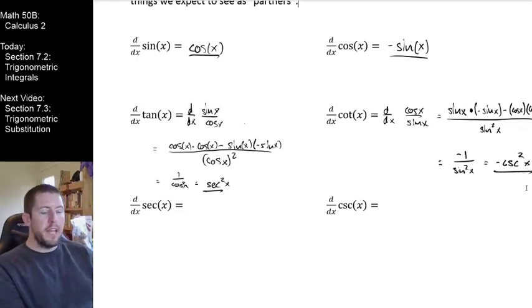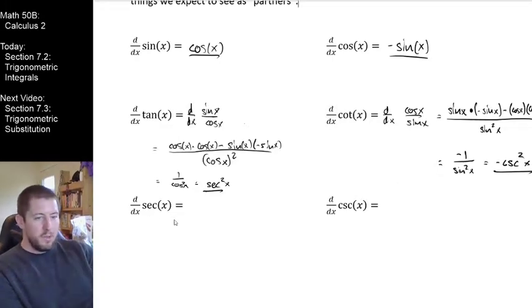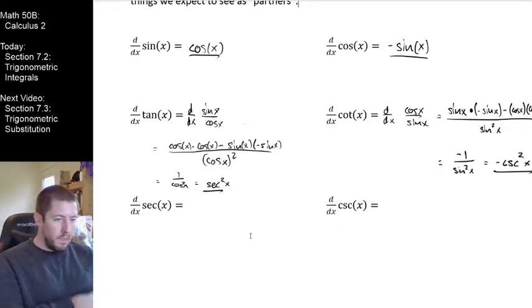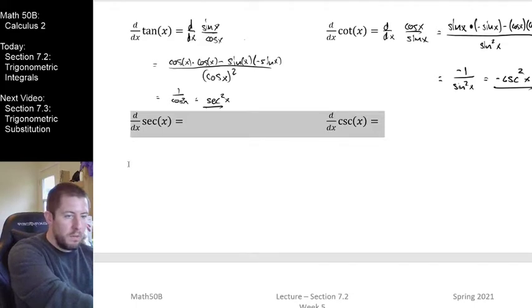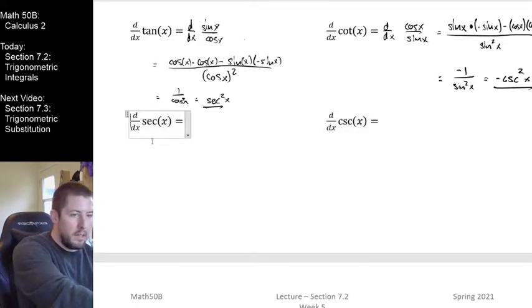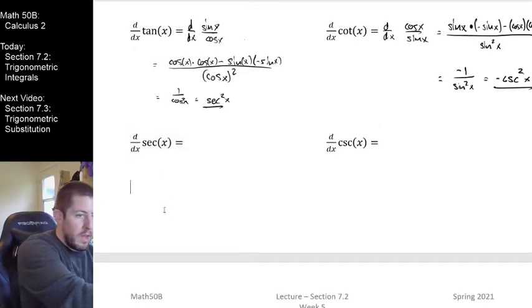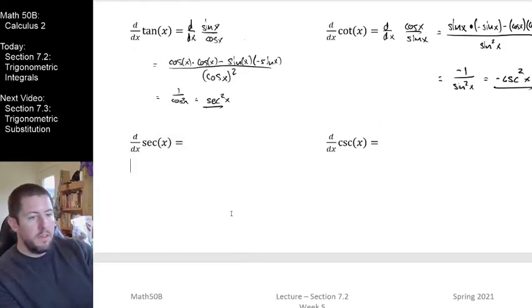For our derivative of cotangent, we can continue playing some quotient rule games here for secant and for cosecant. All right, for our derivative of secant, we always want to remember we can rewrite this in terms of sines and cosines: 1 over cosine of x.